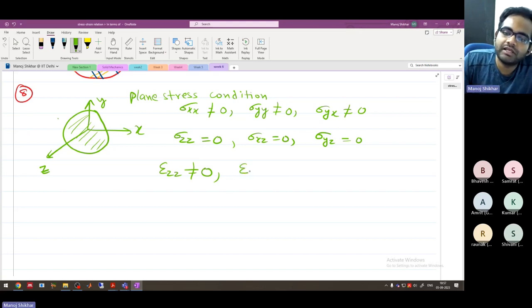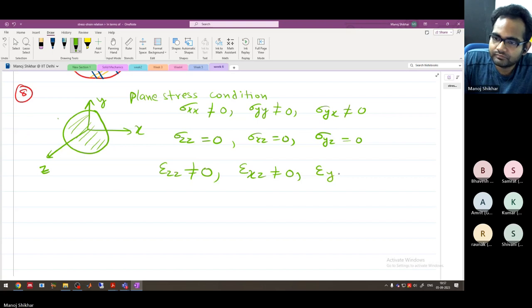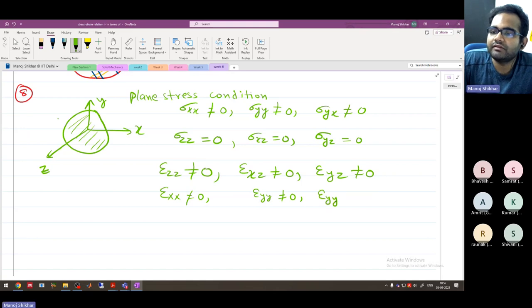So out of plane strains will not necessarily be zero. You have to keep this in mind. The strain tensor can have all 6 components present in case of plane stress condition.